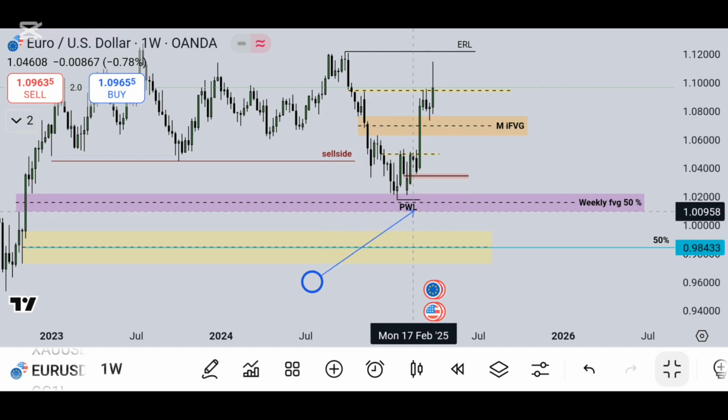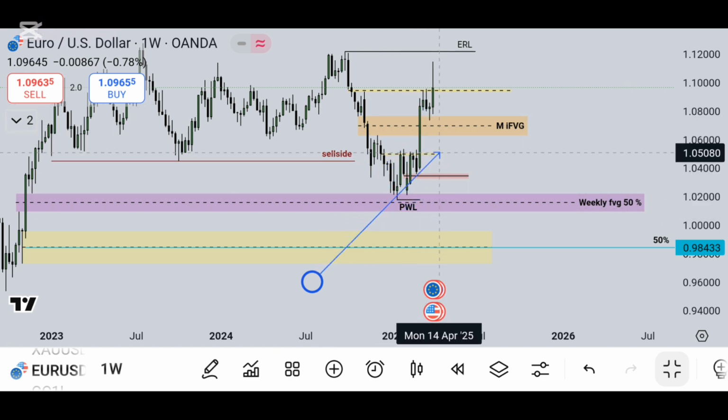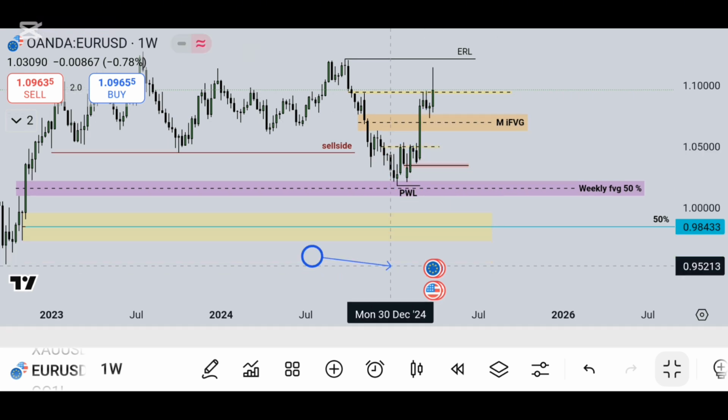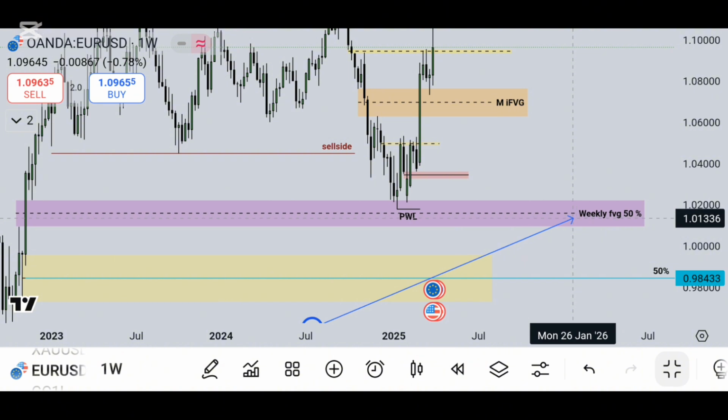No, it was inversed once right here, then it gave a retest at it, then it gave this bullish push during the previous week, right? So what's my anticipation here? What could be my anticipation here?